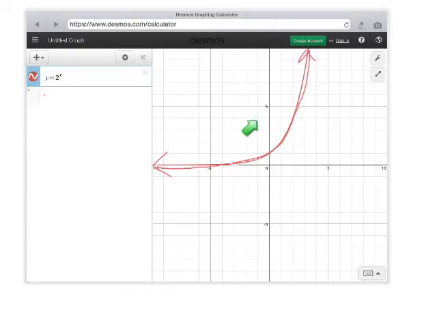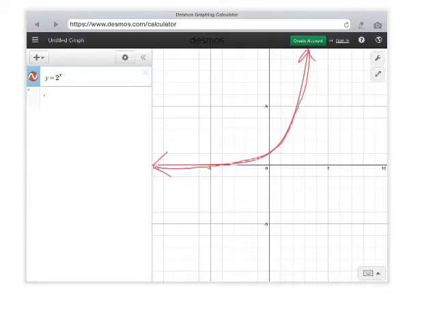It goes the opposite way. With the vertical shifts, it would go up and down depending on what we're adding, but on the horizontal shift, it goes the opposite way. I would like to give you extra credit points if you can figure out why. Why does it go the opposite way? I'll give you 30 extra credit points. All right, so that is that one.